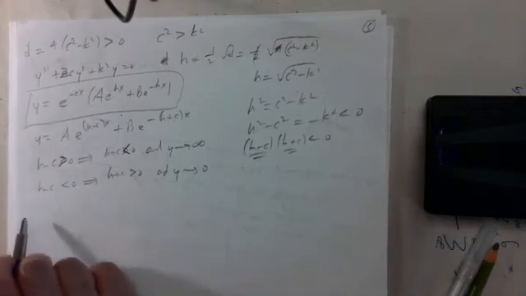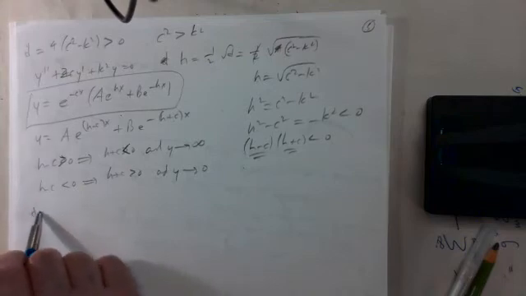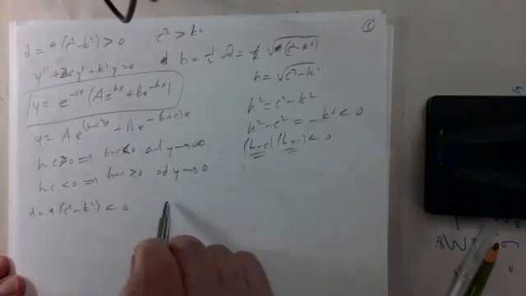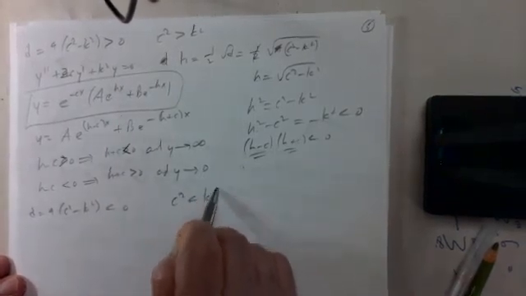And in the third case, d is 4 times c squared minus k squared, which is less than 0. So c squared is less than k squared.